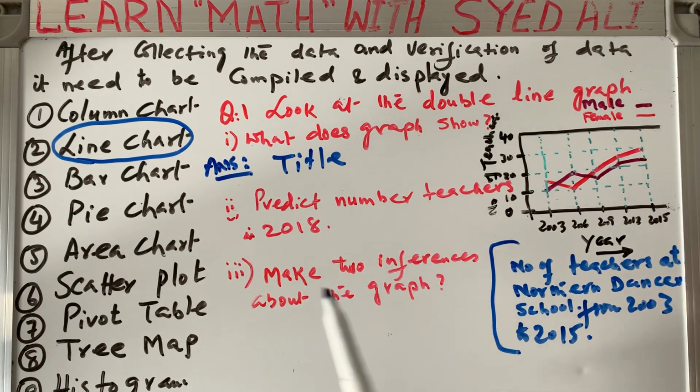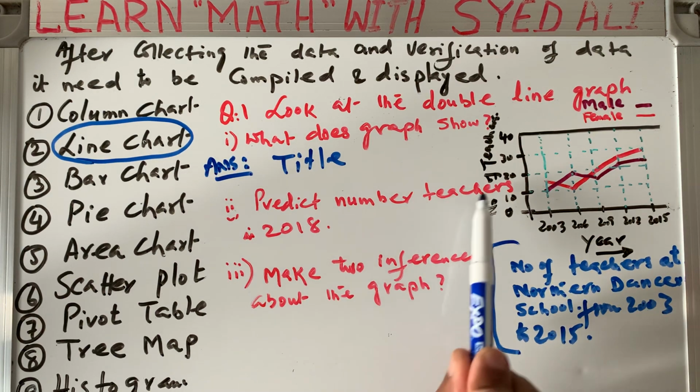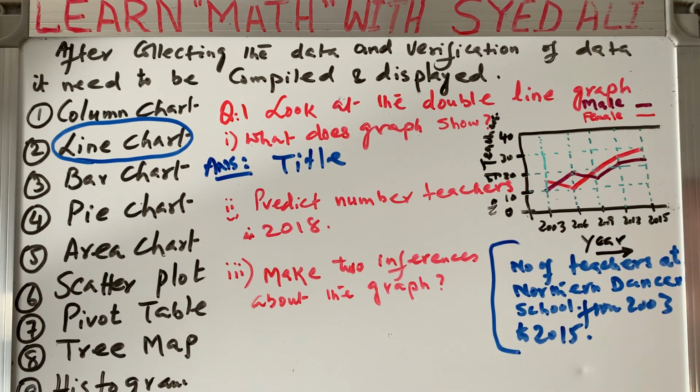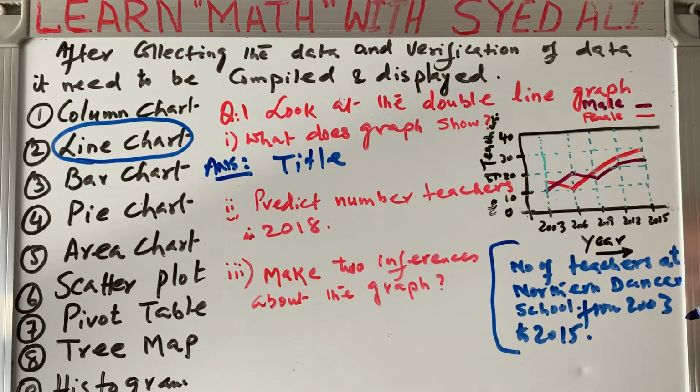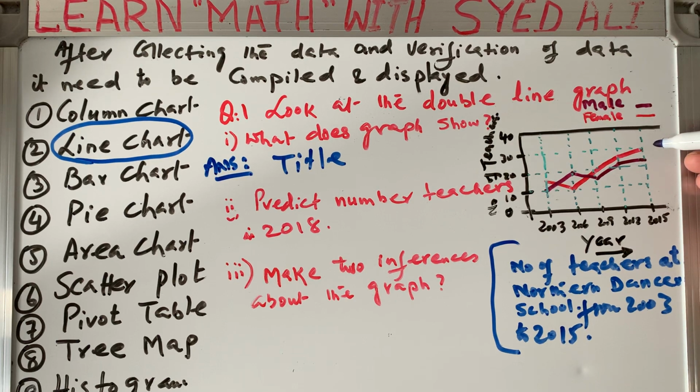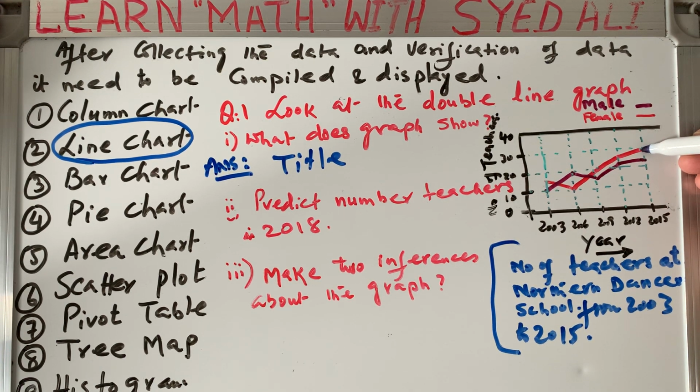Part 2 is: predict the number of teachers in 2018. Our data goes only until 2015, and we are asked to predict how many teachers there will be in 2018. In 2015 I have 30 female teachers and 22 male teachers.